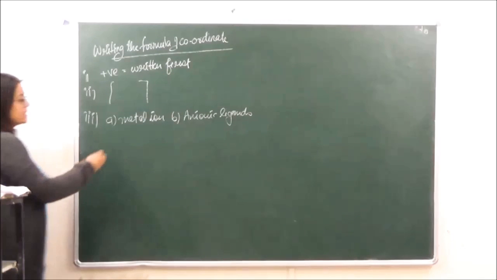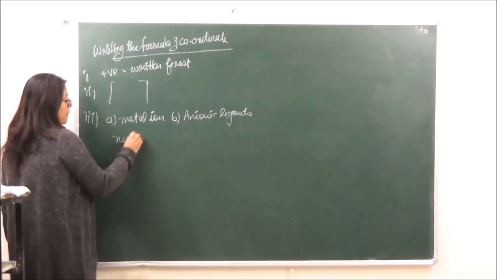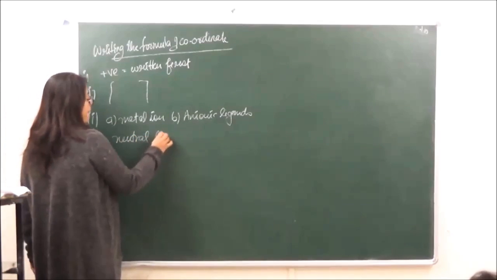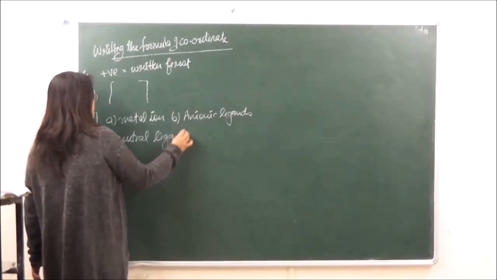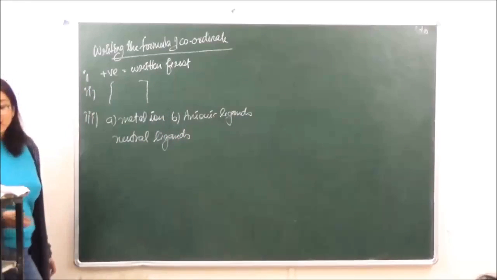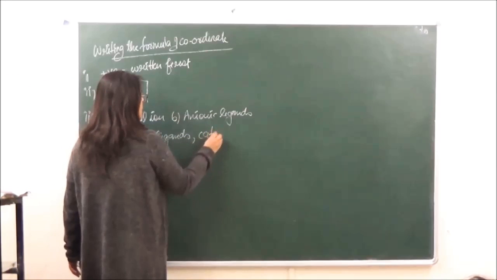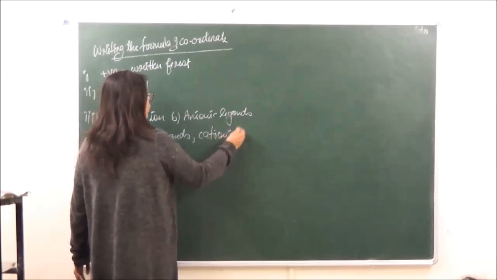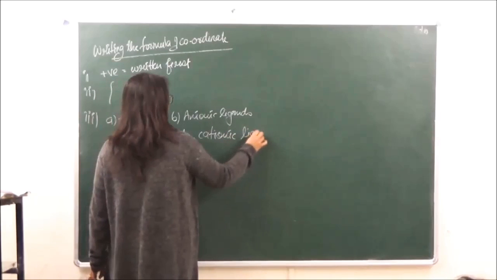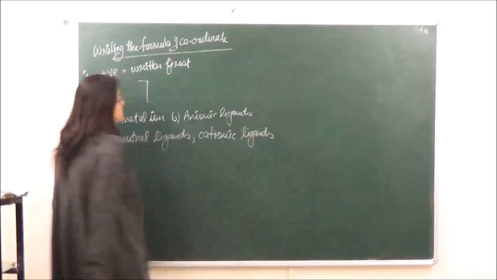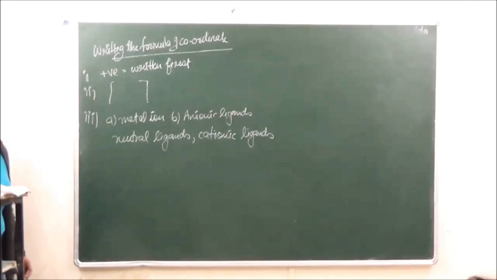Then neutral ligands. Okay? And after that you're going to put cationic ligands. So this is again for heteroleptic. Metal ion, anionic ligands, neutral ligands, and then we are going to put the cationic ligands.